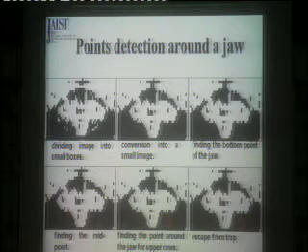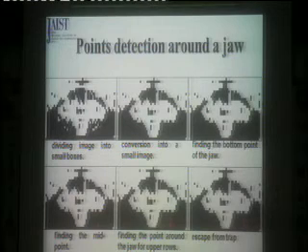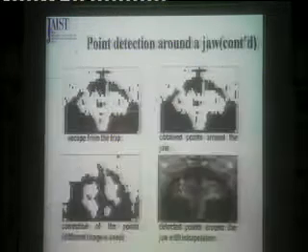Well, time is limited, so let me briefly explain how we do this. First of all, we detect the upper and lower boundary of the area including teeth like this by changing the resolution of the original image.